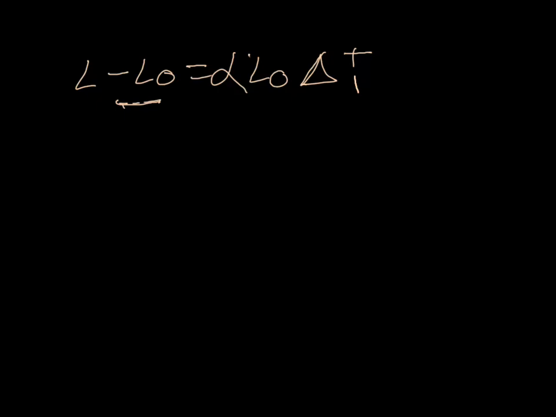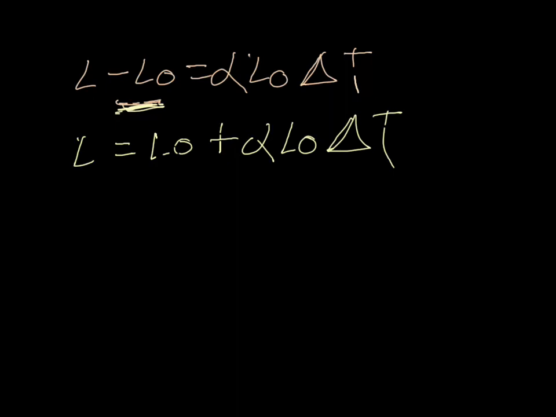This is just simple algebra, really. So if we take this to the other side, it'll be L naught plus alpha L naught delta T. And there we have it, we have the final length, but we could clean that up more.